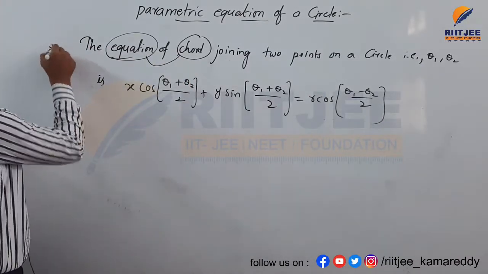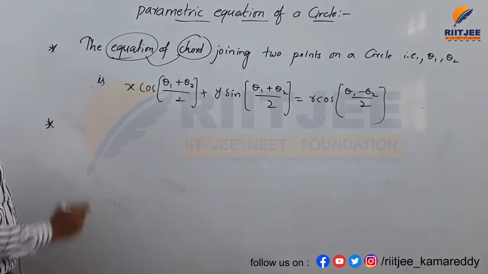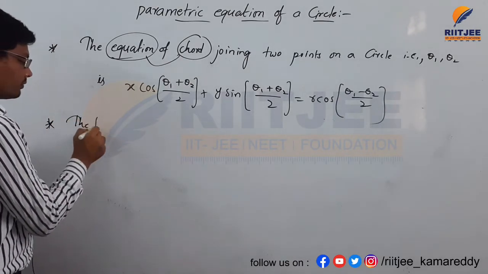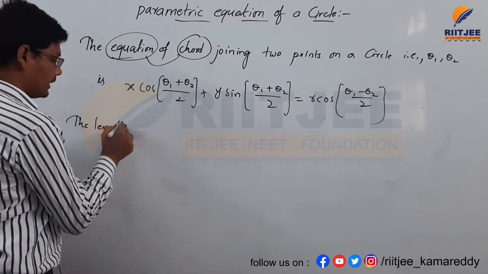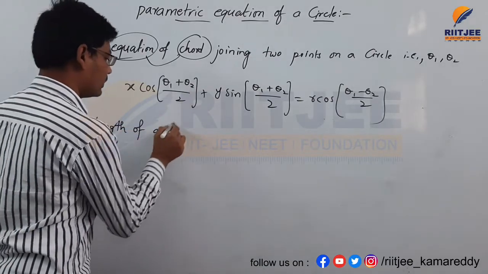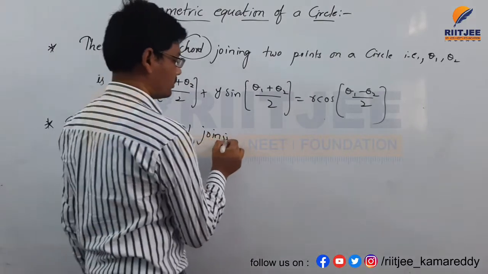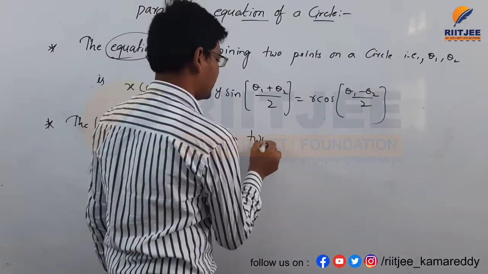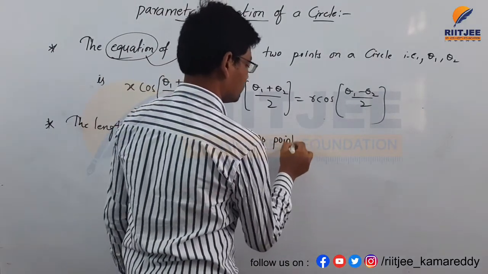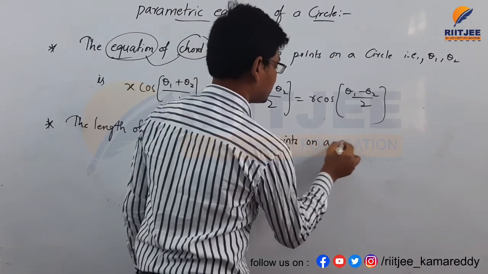And the second point, the length of a chord joining 2 points on a circle.